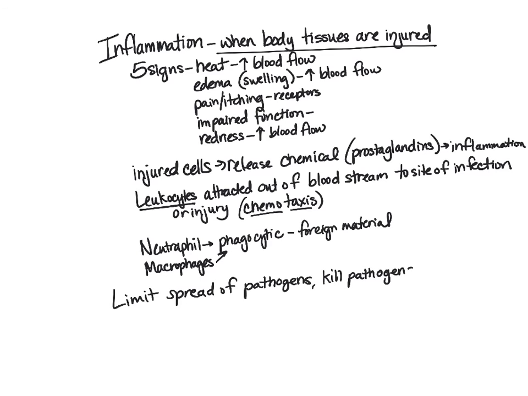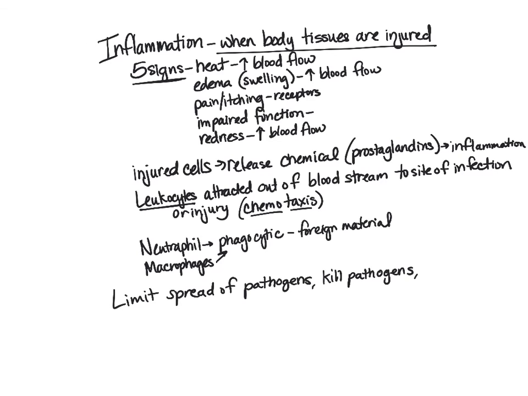So it's going to limit the spread in that we can look at these 5 different signs up here. So it'll limit the spread because we'll have edema, which is a lot more stuff for these pathogens to try to get through. The increased heat increases the temperature, similar to fever, to where these pathogens are going to have a hard time. They're not going to be reproducing. Impaired function because of all of this stuff coming to the area. So we're limiting the spread of the pathogens.